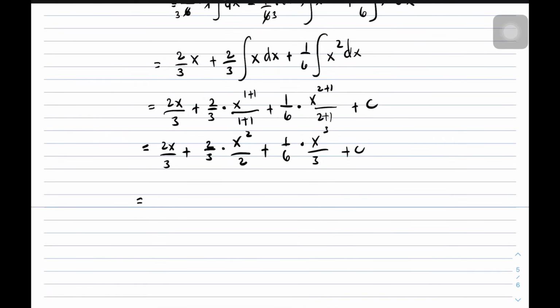Simplifying your answer, makukuha natin dito ay 2x over 3 plus, etong 2, mapakancel natin to, and your second term is x squared over 3 plus 1 times x cubed, that is x cubed, over 6 times 3, 18, plus c.